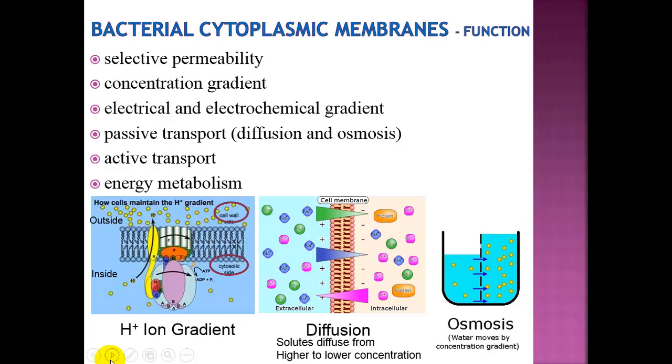Shown here are examples of a hydrogen ion gradient in which there is a higher concentration of hydrogen ions on the outside of the cell compared to the inside of the cell. This concentration gradient is maintained by an ATPase enzyme that is present on the membrane.